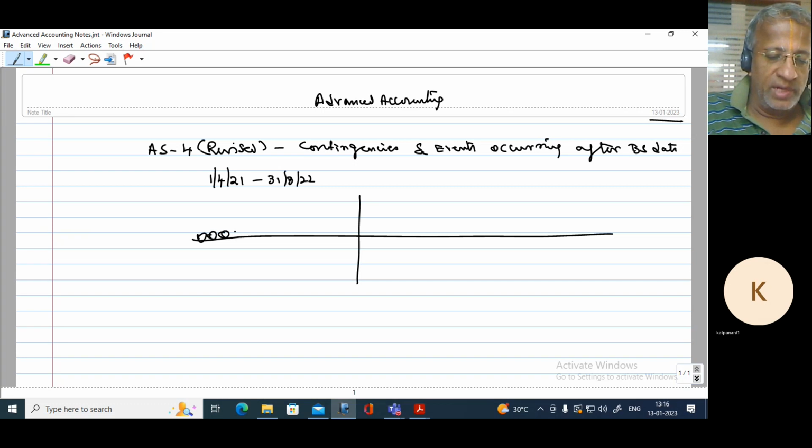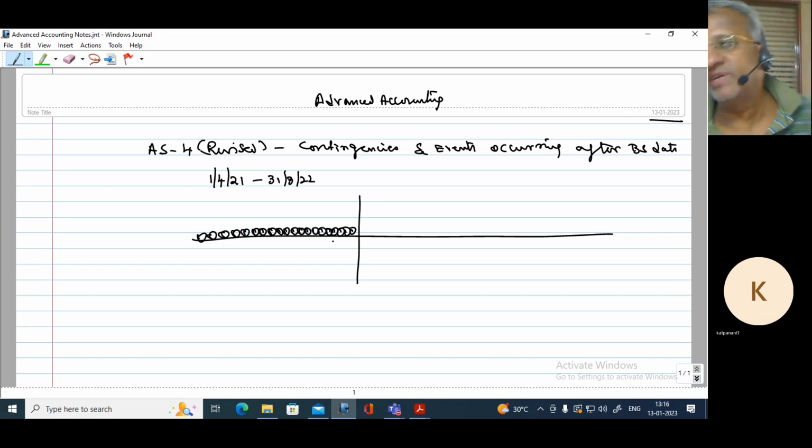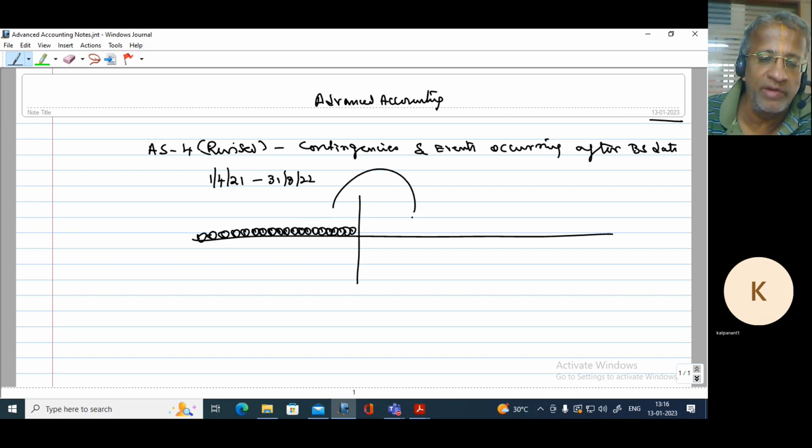Say events of that particular year will fall in the same year. The circles I'm just drawing were all events for that particular year. And some of these events, or some of the transactions related to this, might fall in the next accounting year.